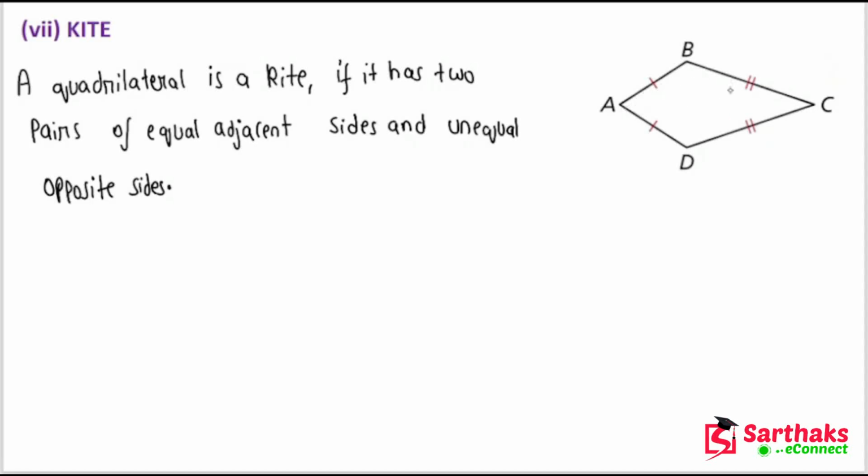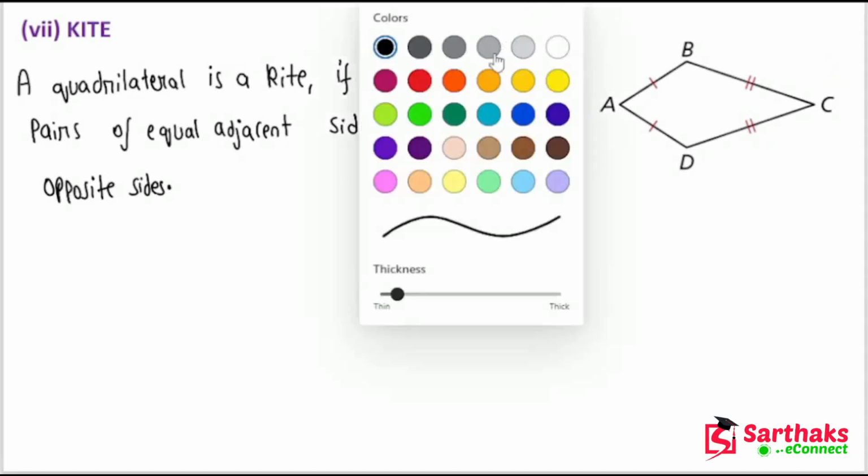Similarly, another pair AB and DC are opposite, they are not parallel, and again they are not equal. So the kite simply states that it should have two pairs of equal adjacent sides.